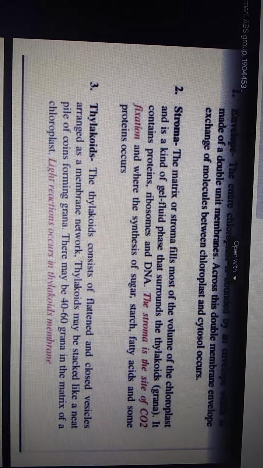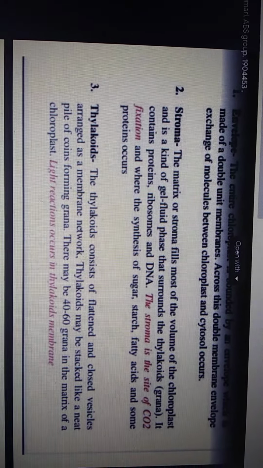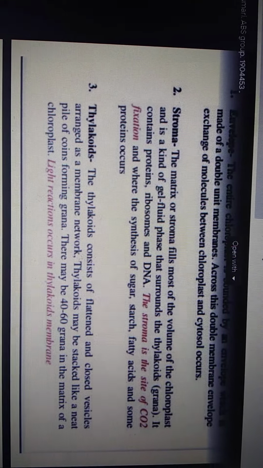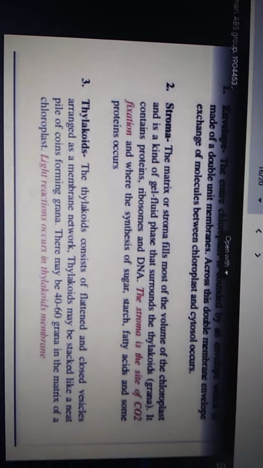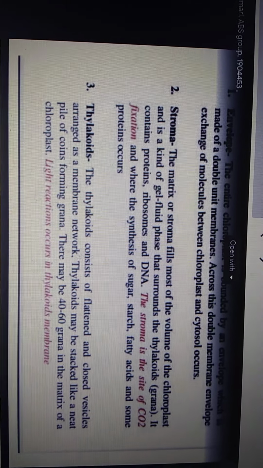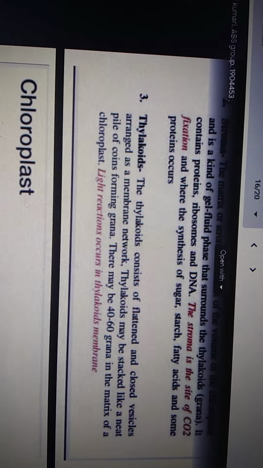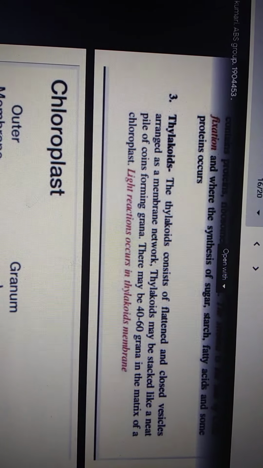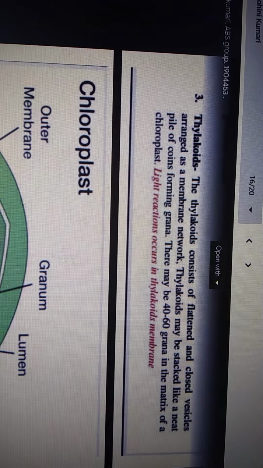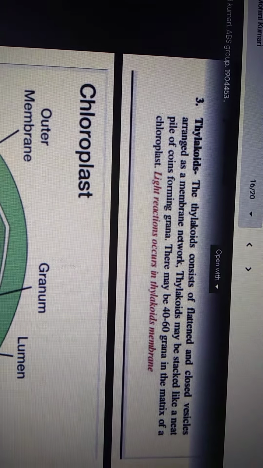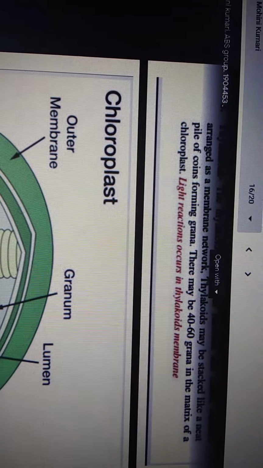In one granum there may be 40 to 60 thylakoids, and there may be 40 to 60 grana in one chloroplast stroma. These flattened discs are also connected with each other through another type of thylakoids, called interlamellar thylakoids.